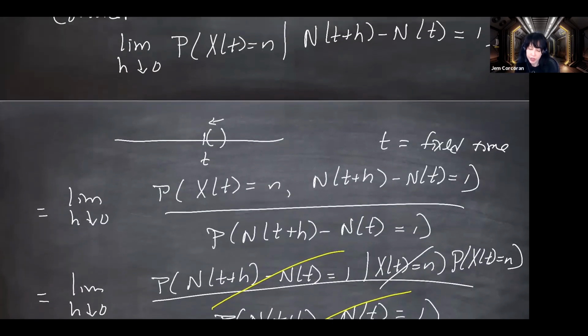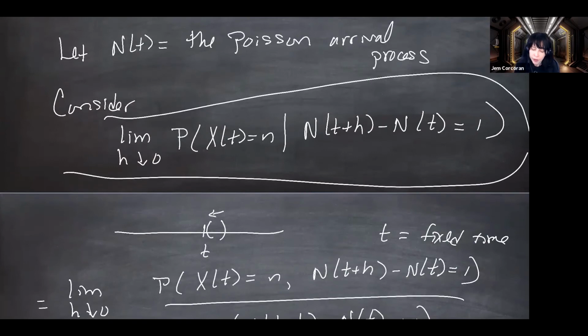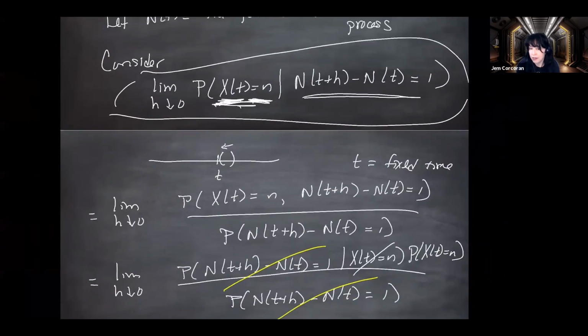And what I started with was the probability that an arriving customer will see n people in the system. So the number of people in the system at time t is n, given that the t I'm looking at is exactly one where there's an arrival in the instant after t. And that proves PASTA.